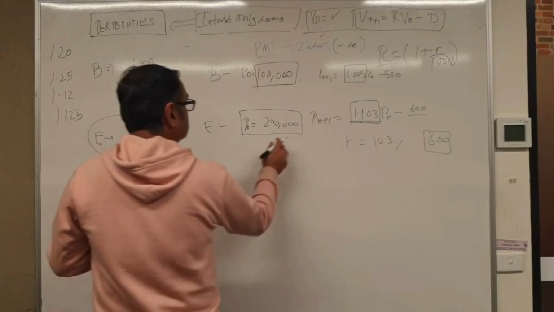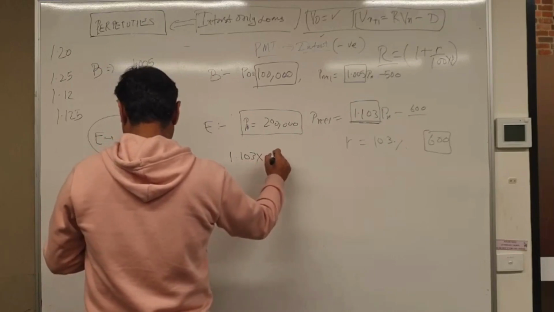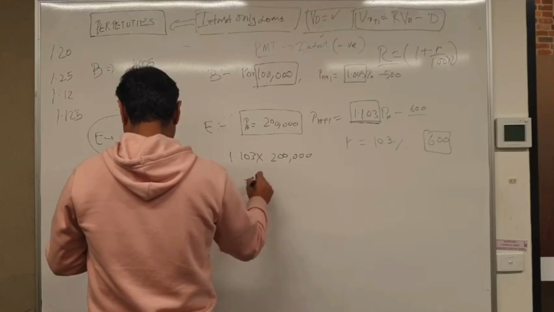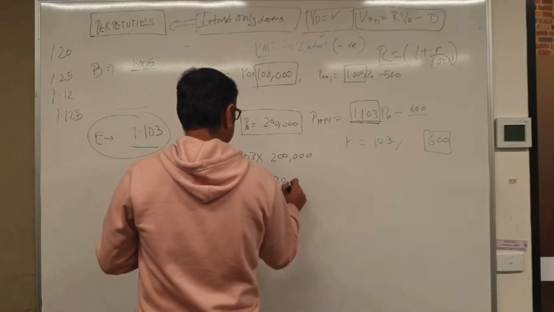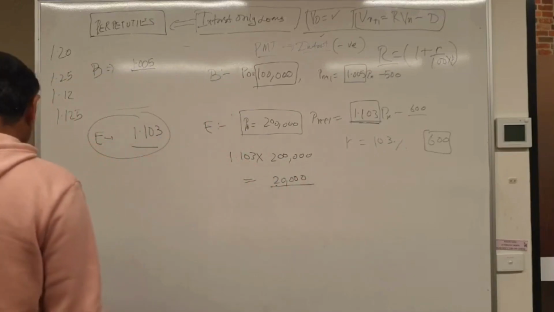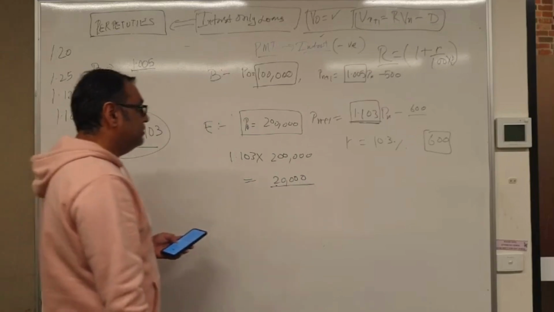If you find 1.103 times 200,000, you get about 220,000.